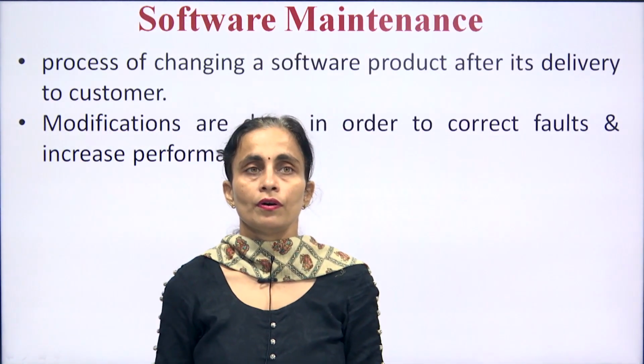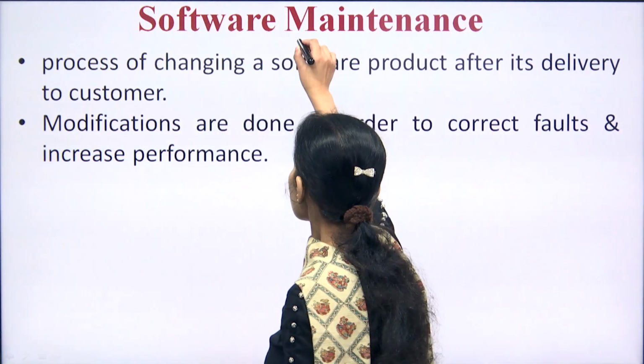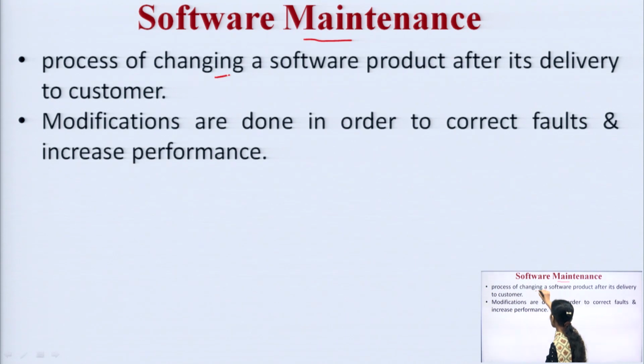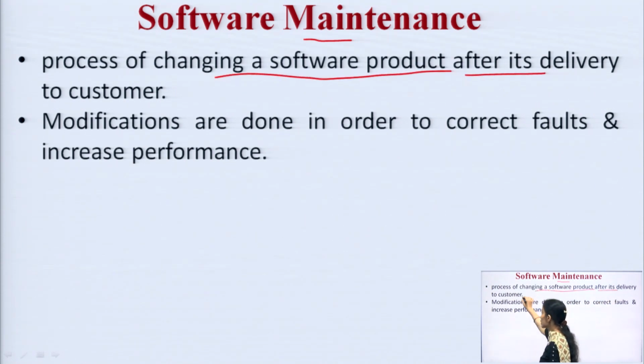So, let us give a brief wrap of software maintenance. It is defined as a process of changing a software product after its delivery to the customer. As we know, the software has been deployed to the customer.